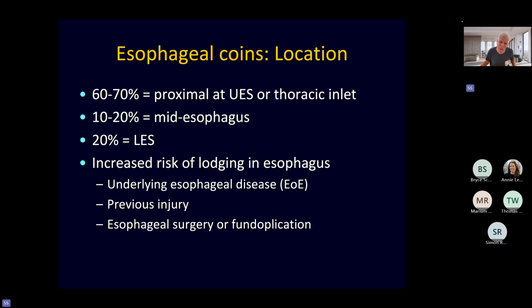So if you continue reading on this slide, there's an increased risk of lodging in the mid-esophagus and lower esophageal sphincter if there's underlying esophageal disease, previous injury, or the patient has had esophageal surgery, such as for a tracheoesophageal fistula, or fundoplication. So it's very important to remember this when approaching these objects.